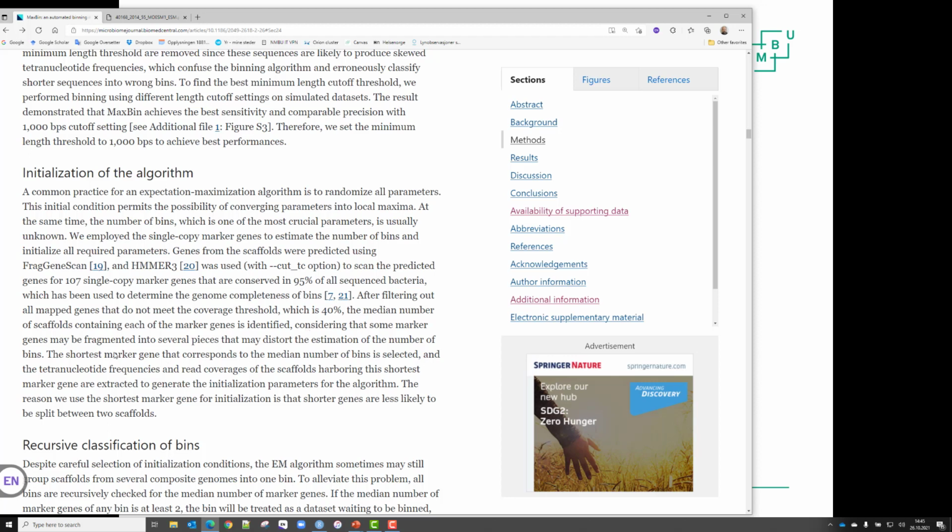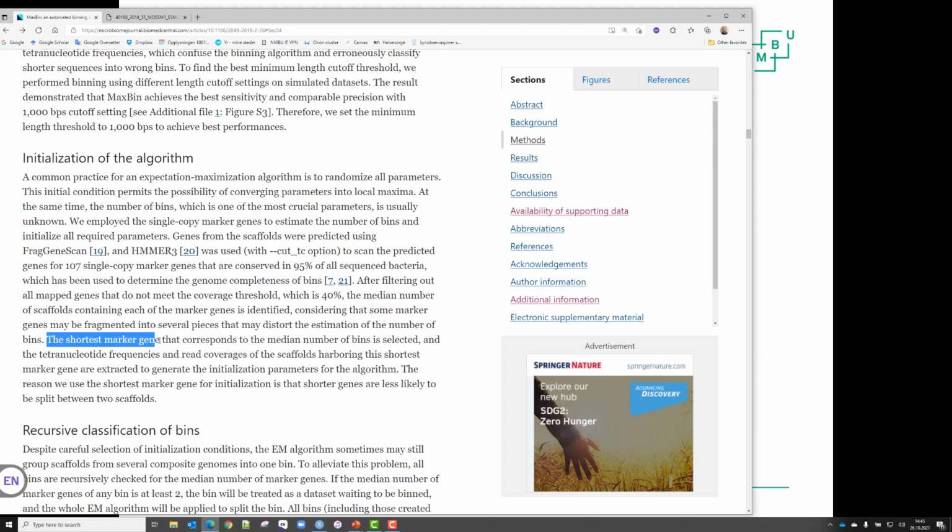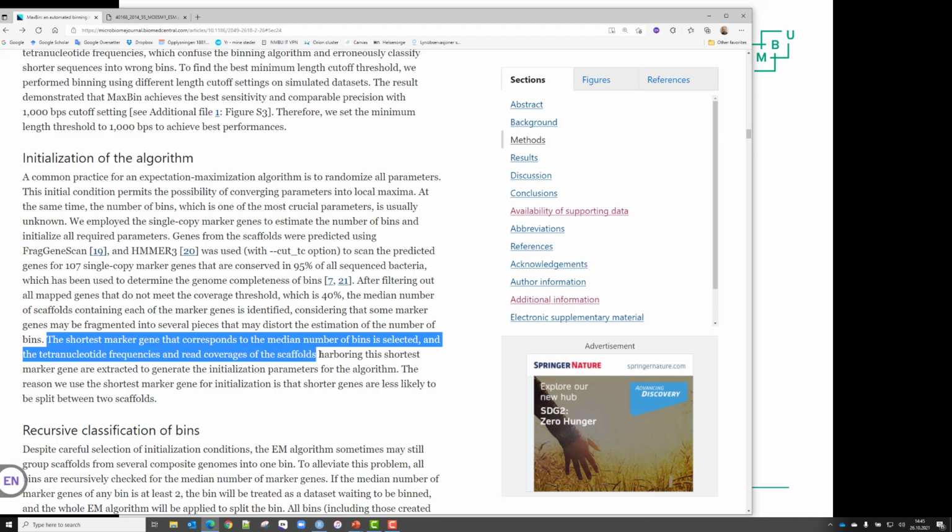And then they say here that the shortest marker gene that corresponds to the median number of bins, that's the capital N. Then we locate all the scaffolds or contigs harboring this shortest marker gene, and these are extracted. The tetranucleotide frequencies of these and also the coverage for these are used as starting values for the algorithm.